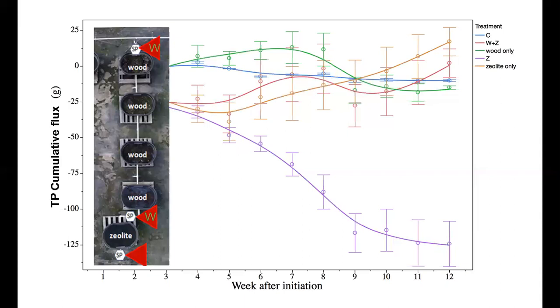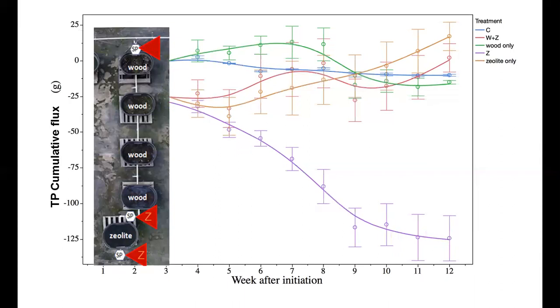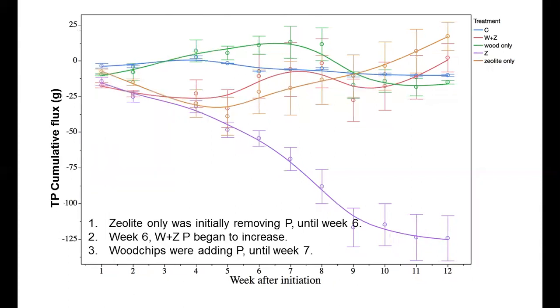Okay, and this is showing what I just talked about. You have the sampling points for the woodchip wood only from before the wood chips and then post wood chips, and then for the zeolite only in front of the zeolite tank, and then after the zeolite tank.